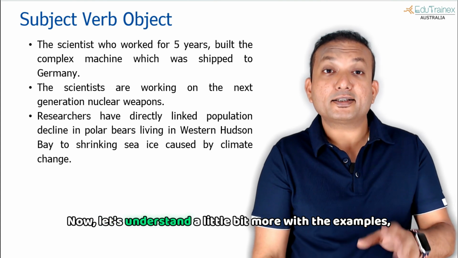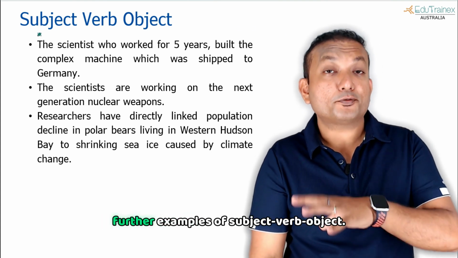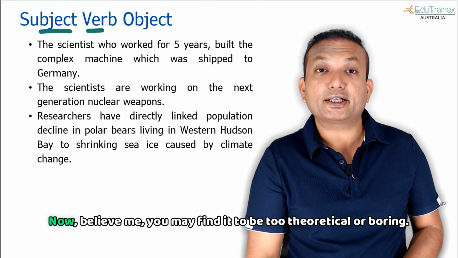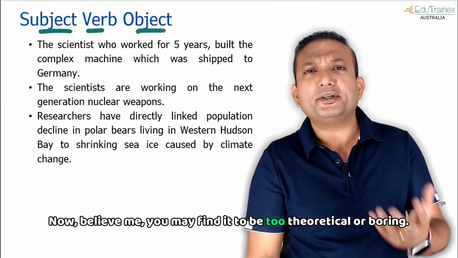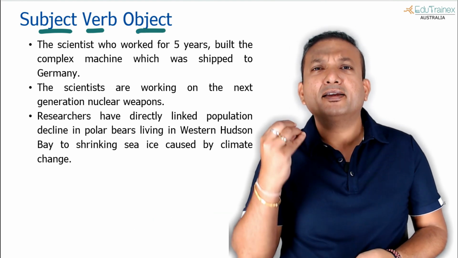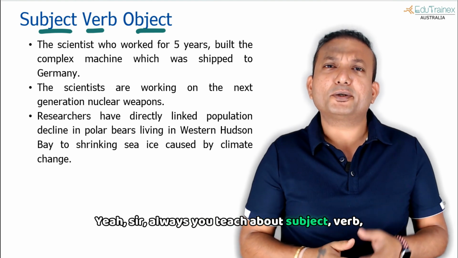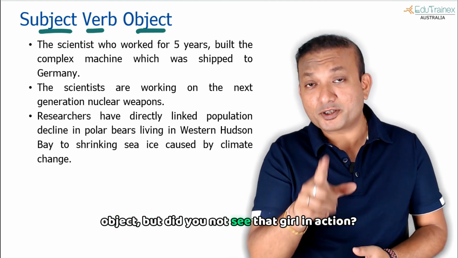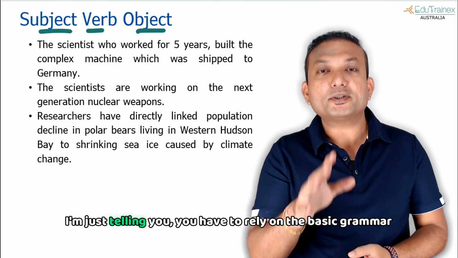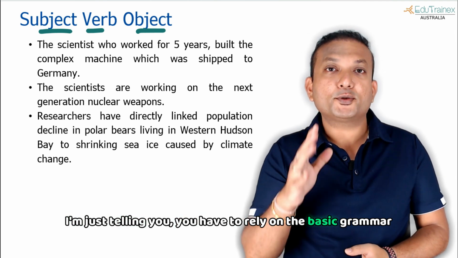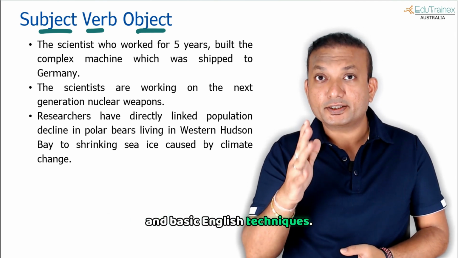Now, let's understand a little bit more with further examples of subject, verb, object. Believe me, you may find it too theoretical or boring. Yeah, sir, always you teach about subject, verb, object, but did you not see that girl in action? I'm just telling you, you have to rely on the basic grammar and basic English techniques.